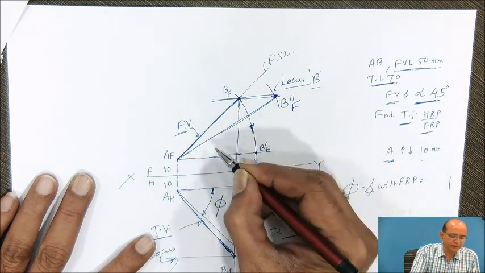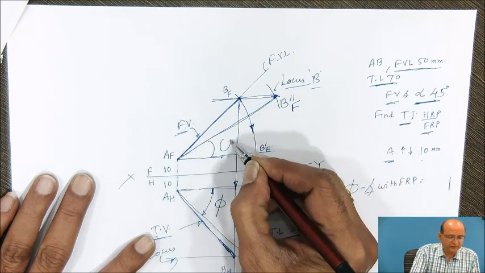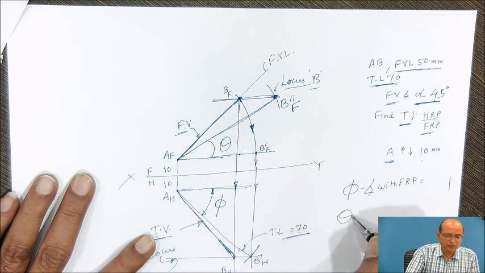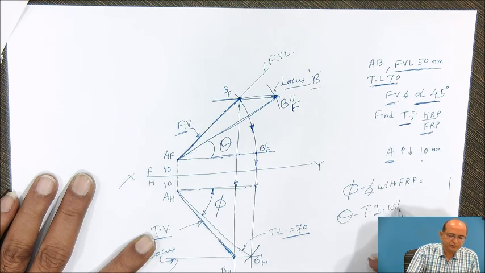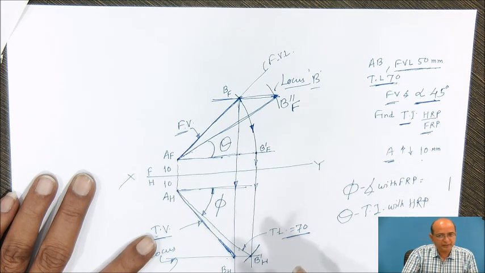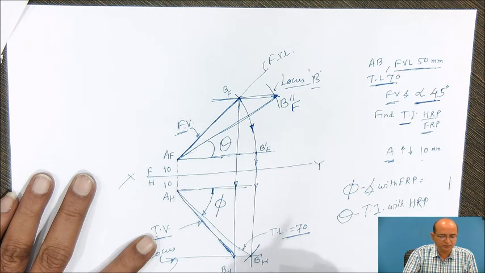So the true length line completed over here will indicate the theta angle. That is the true angle made by the line with HRP. Now you might have understood here, it is not necessary to complete the rotation again.